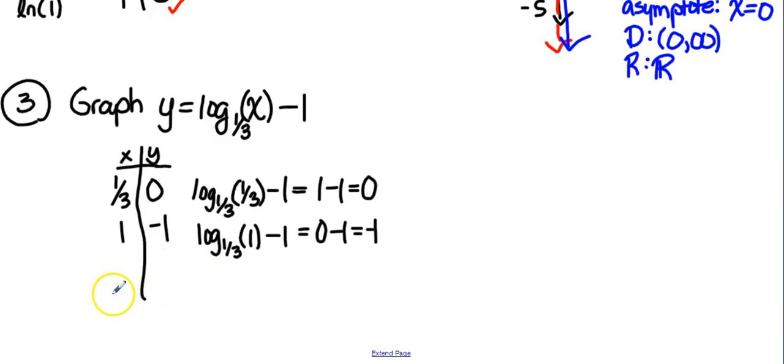Now let's revisit what do we do next, because we still need a couple more points. Well, log base 1/3 is connected to 3. In our minds, we usually connect 1/3 as having a relationship to 3, since 3 is the reciprocal of 1/3. So let's just play around with what happens if I take log base 1/3 of 3.